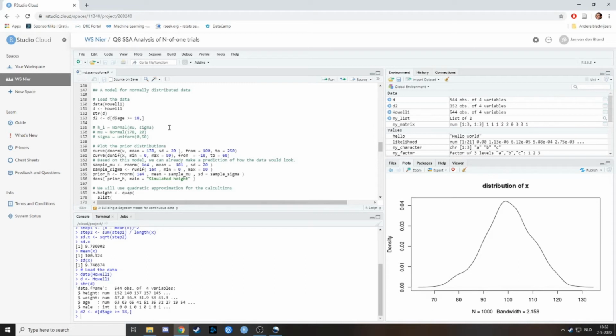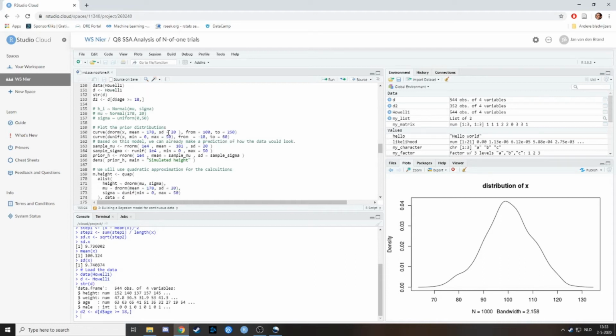Now we want to create a model for the distribution of height among these people. We could say, okay, we know, for instance, the mean height for sort of the average Dutch person, which may be close to 178 centimeters, and we take some value for the standard deviation, where here the standard deviation is 20, which means that 95% of the values for height would be somewhere between 138 centimeters or 218 centimeters, which is wide, but you know, it's sort of the range that is possible.